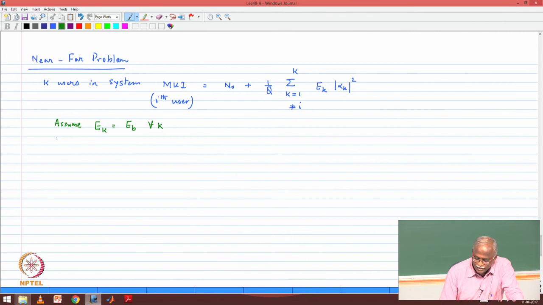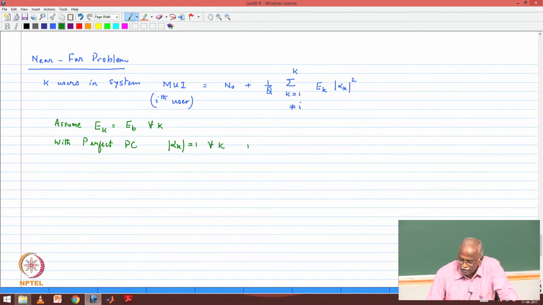Under this assumption, with perfect power control, we already know the answer. With perfect power control, we will have mod alpha_k equal to 1 for all values of k, and the multi-user interference seen by the ith user is the same as that seen by each of the others, given by N naught plus 1 by q into (k minus 1) into E_B.